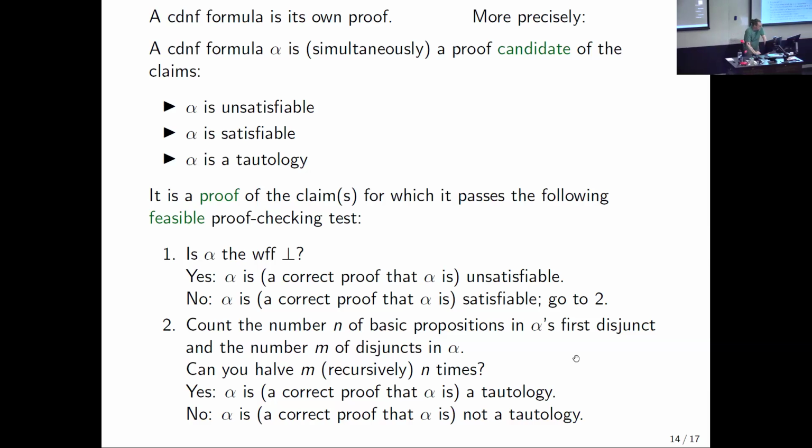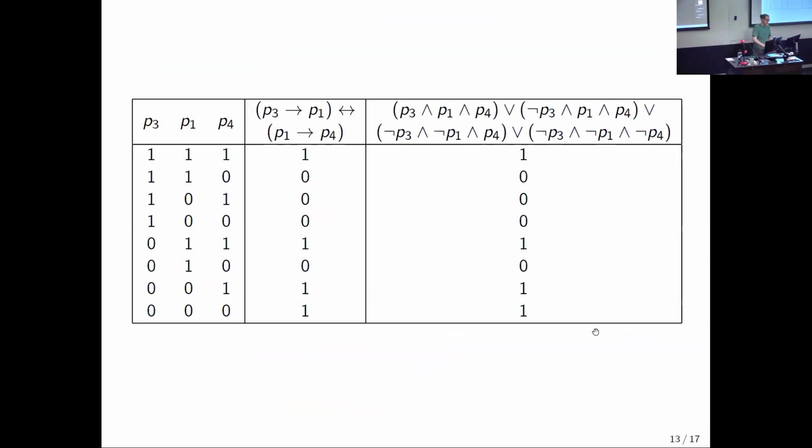So what's going on there? Well, the thought is, if you can halve it n times, then what that means is that the total number of disjuncts, which I'm calling m, is 2 to the power n, where n is the number of basic propositions in each one. And as we already said, each disjunct tells you how to make the formula true, what truth values to assign to these basic propositions.